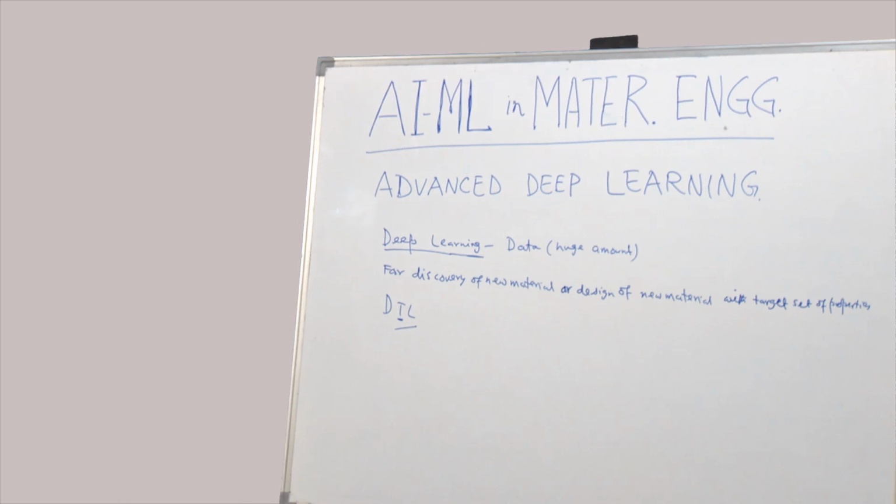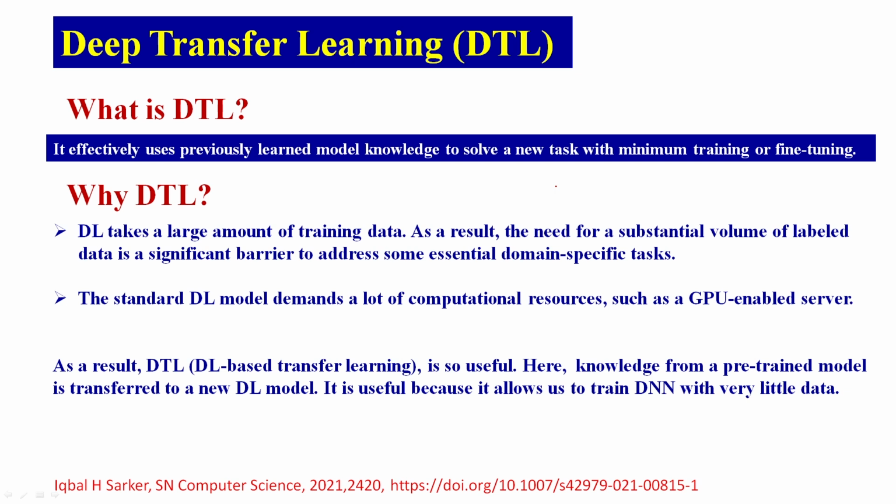The main reason it is used is that standard DL models demand lots of computational power, like the ones which are GPU based, and we also need a lot of data. So, this is a significant barrier if you want to address essential domain specific tasks, like, as I told you, design of materials with set properties or discovery of a new kind of materials which are not present in the world at all.